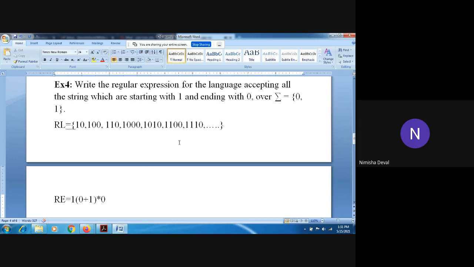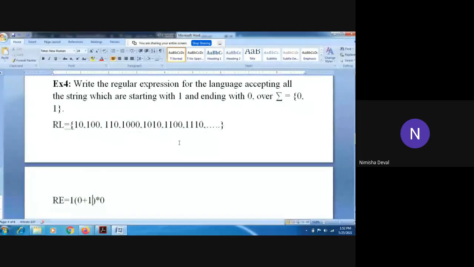Next, should we move towards the next? Okay, so next example.